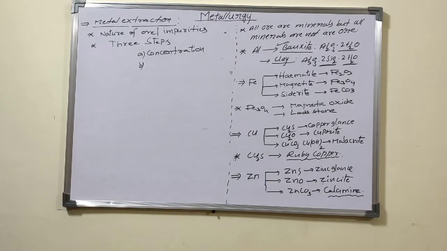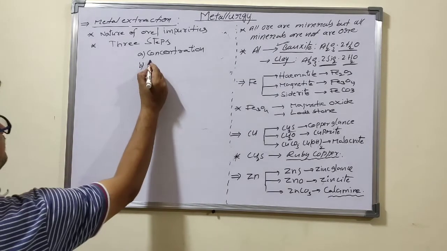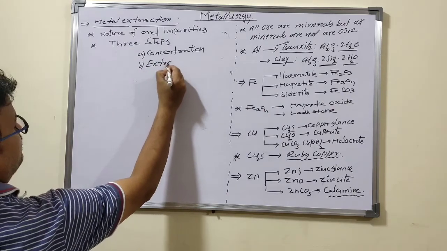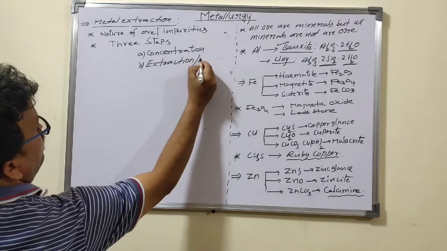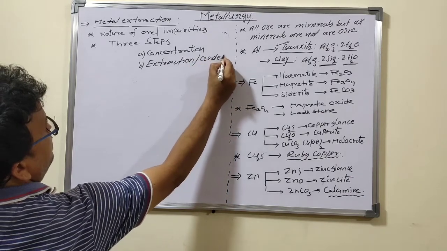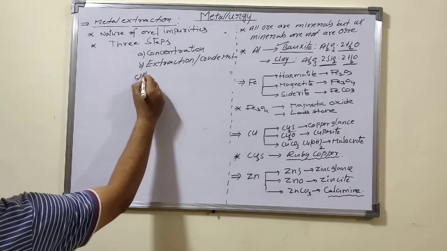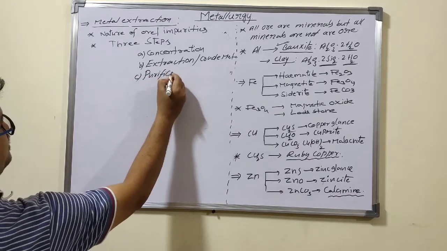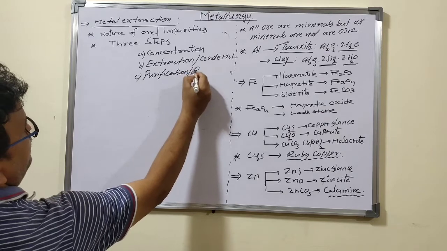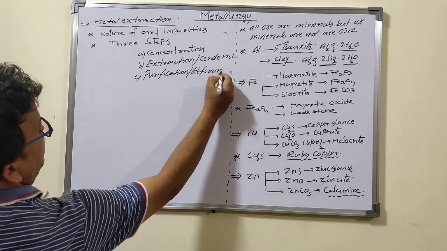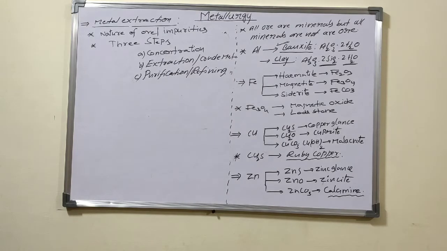After concentration of the ore, we have to extract; here we get crude metal. And the third, very important step is purification, which we call refining.